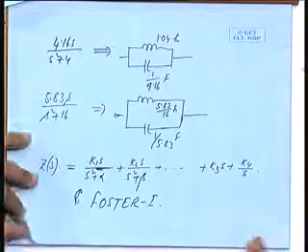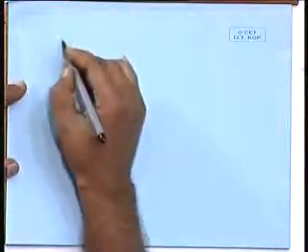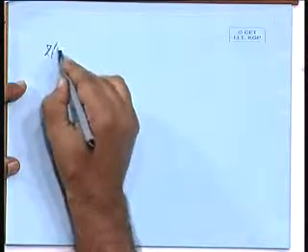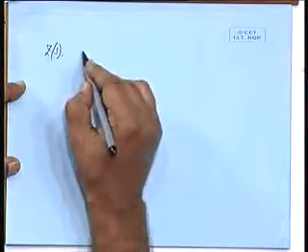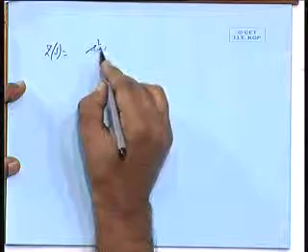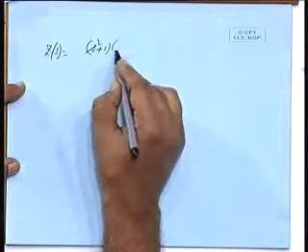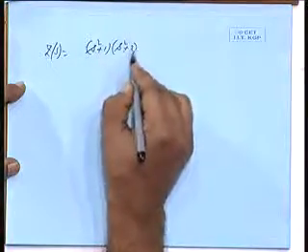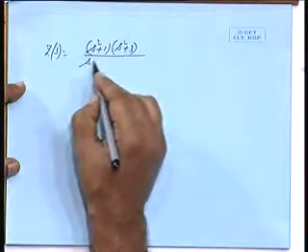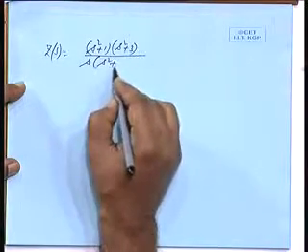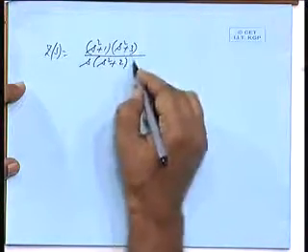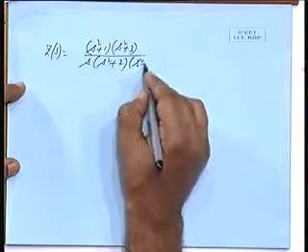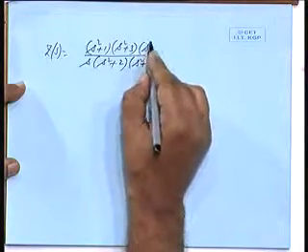Foster-1 synthesis. Let us take another example. Zs equal to S squared plus 1 into S squared plus 3 divided by S into S squared plus 2 into S squared plus 4 and S squared plus 5.